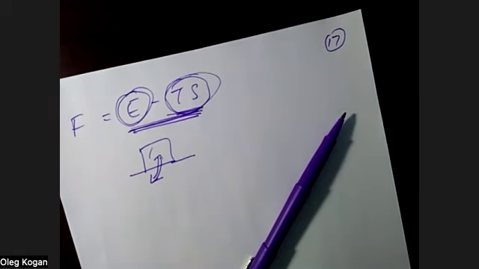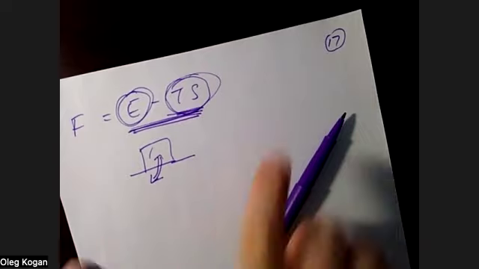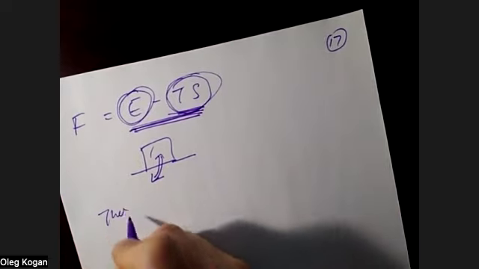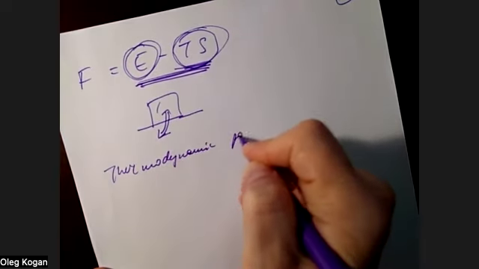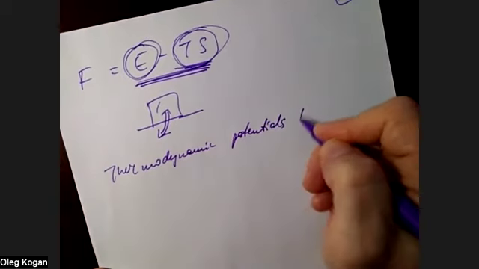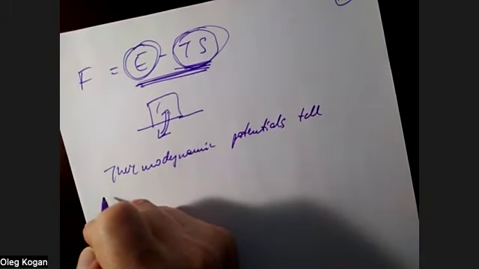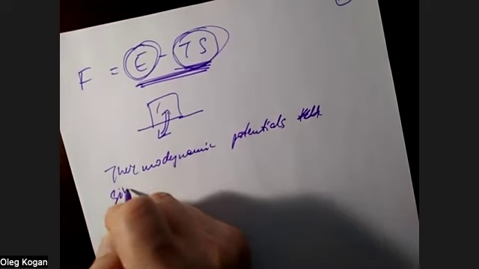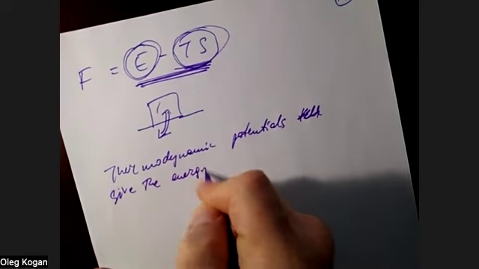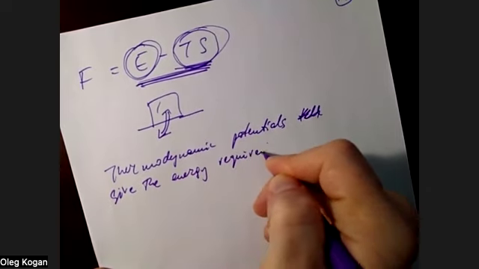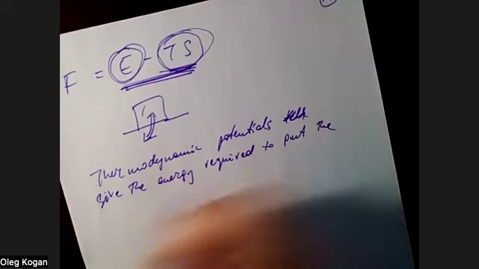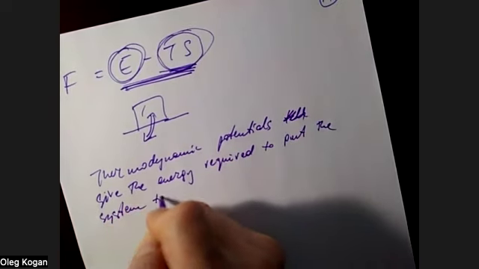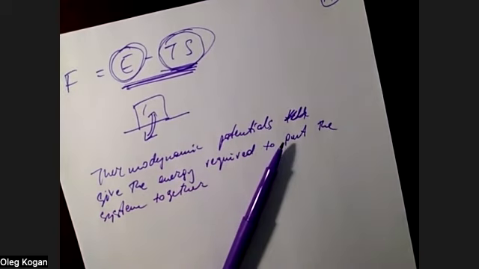Thermodynamic potentials also tell us about probabilities of fluctuations. So first of all, let me just say, thermodynamic potentials basically give the energy required to put the system together, put n atoms into the box, right?